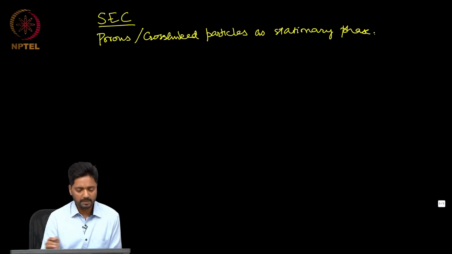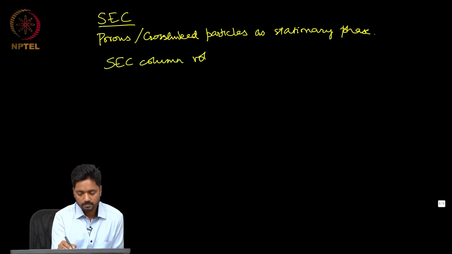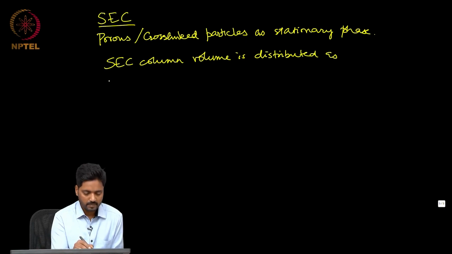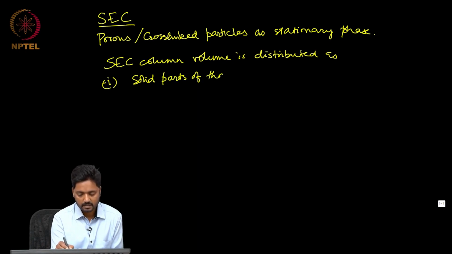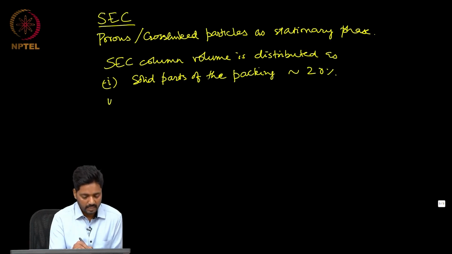What people have realized is that the SEC column volume is distributed in three types. The first one is the solid parts of the packing that occupies about 20% volume of the column. Then we have the pore and the void.